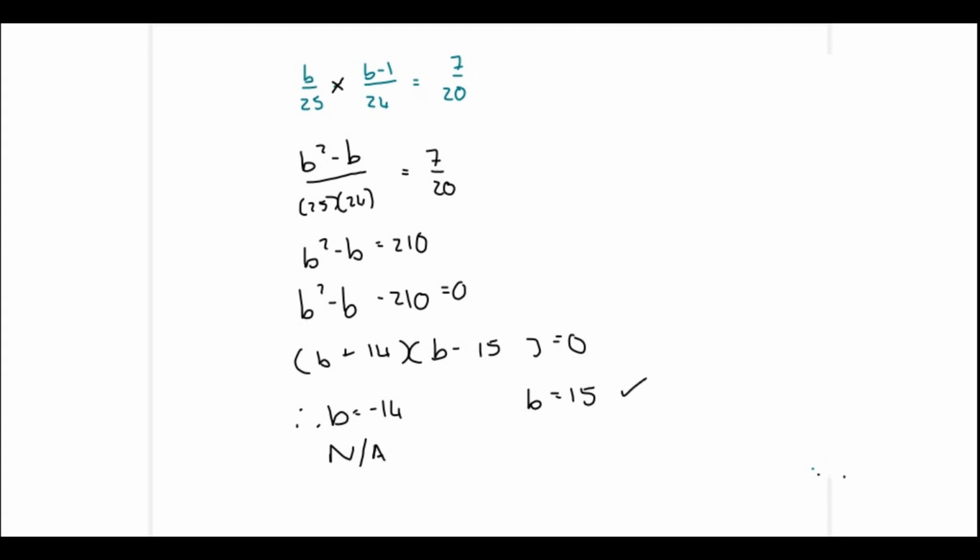Makes sense. Now they asked us to find the number of girls. So if we are looking at boys and girls in the classroom and they have to equal 25, then the girls would be 25 minus 15, which would be 10.